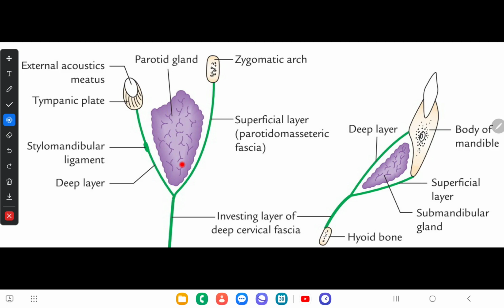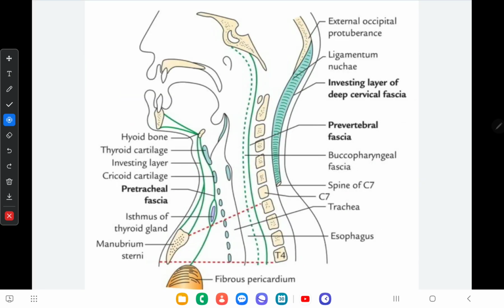Here you can see the parotid gland and how it is enclosed by the investing layer. Here is the submandibular gland. The investing layer is attached posteriorly.